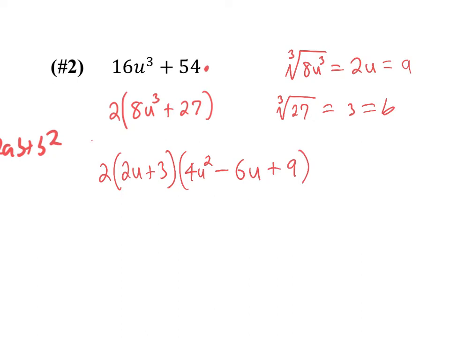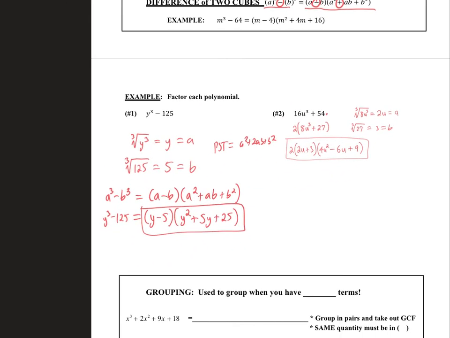And this is how it factors. So you might have a GCF floating around in the front of the parentheses, and that's okay. All right, and that's how you do sum and difference of cubes.